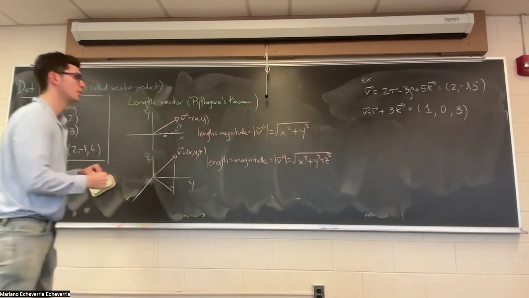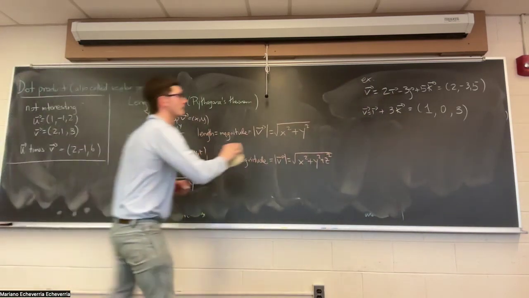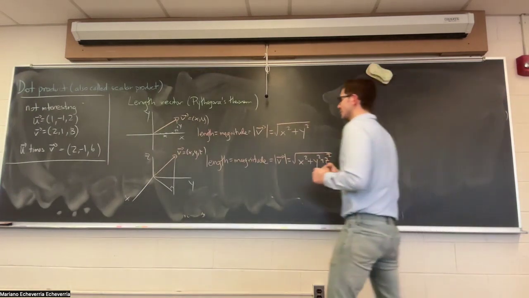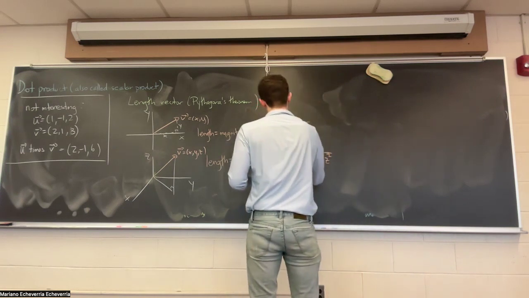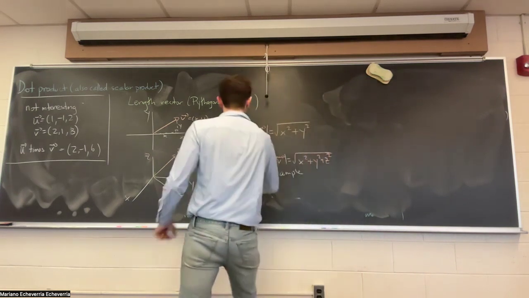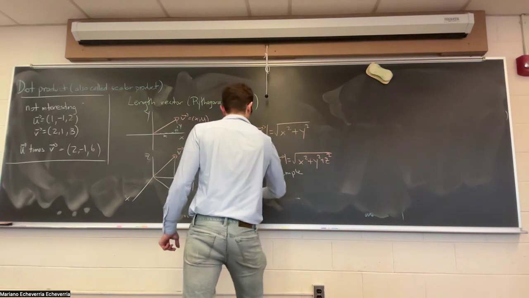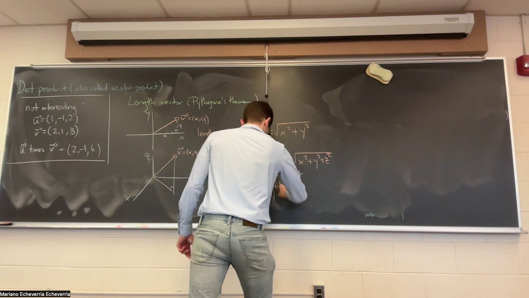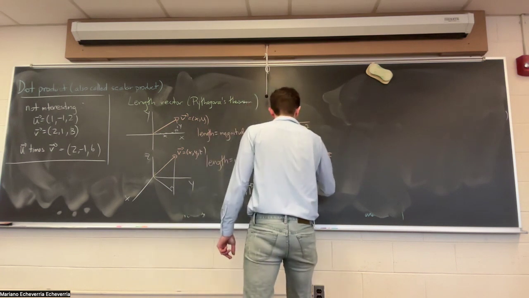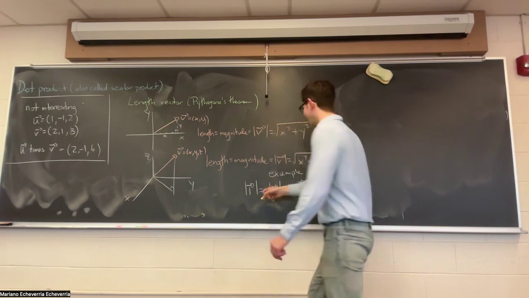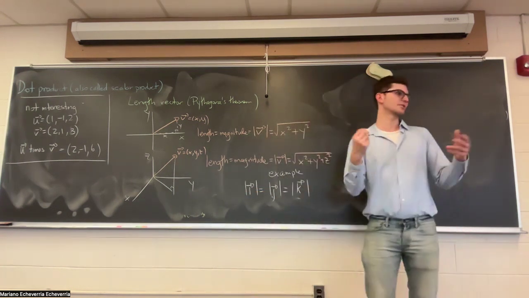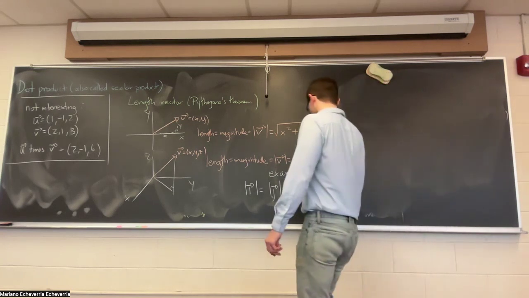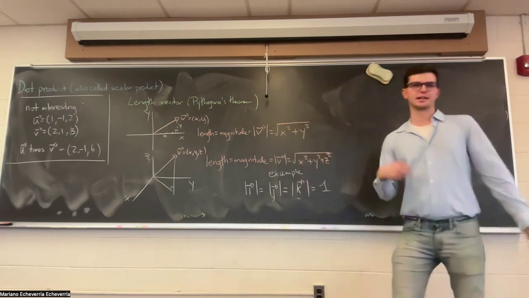So just to get you used to the notation, if I write absolute value of i, or absolute value of j or absolute value of k, that just means the length of the unit vectors i, j, and k. And since I told you they have length 1, what I'm writing here should be equal to 1. So that's what I mean.